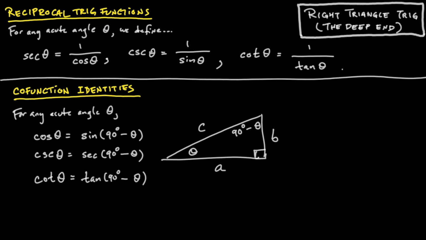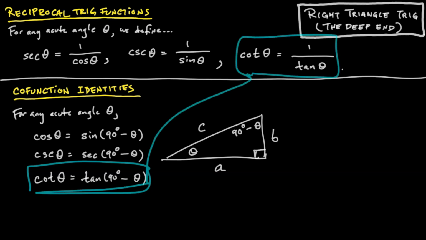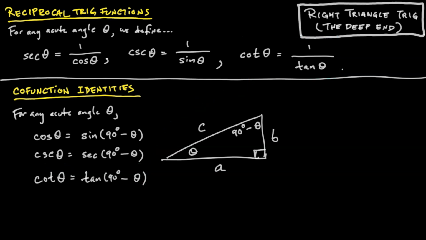And of our 6 trig functions, they also come in cofunction pairs, cosine and sine, cosecant and secant, cotangent and tangent. Tangent and cotangent is the very strange pair that works in both of these cases. They are both reciprocal trig functions and cofunctions, making them a very special pair indeed.